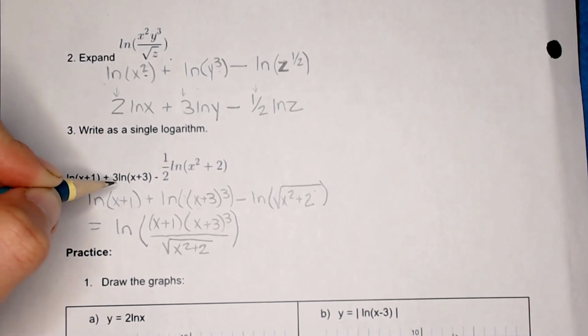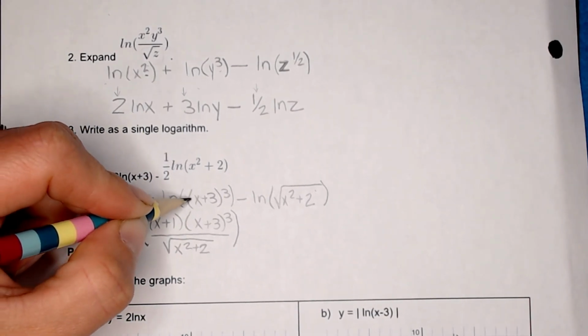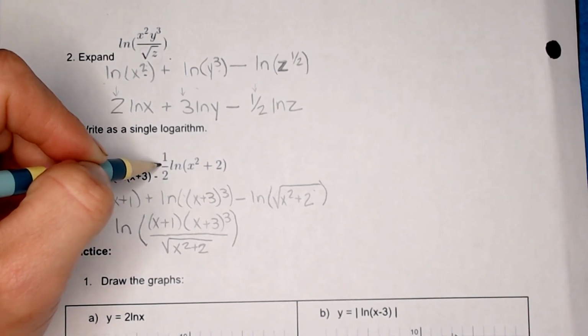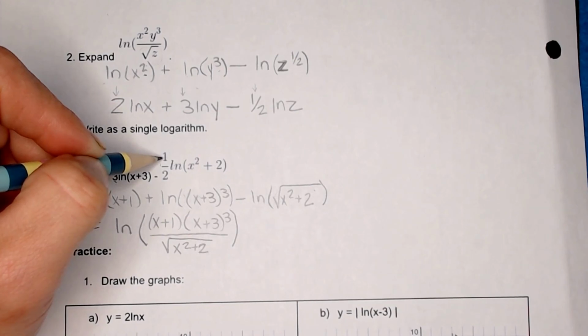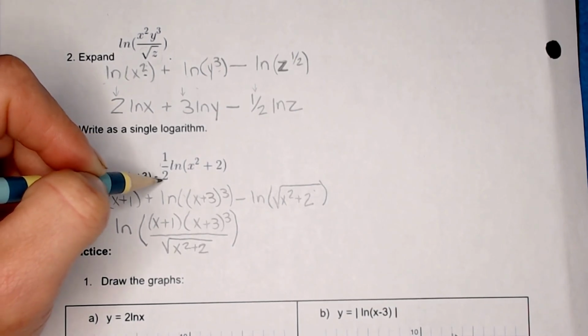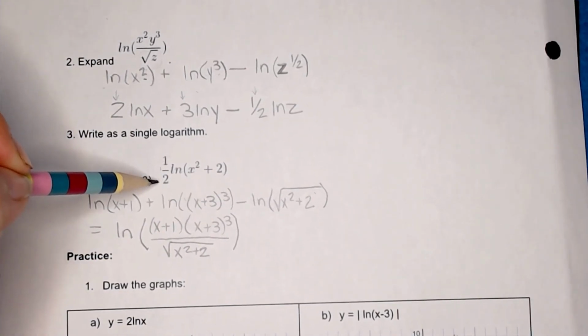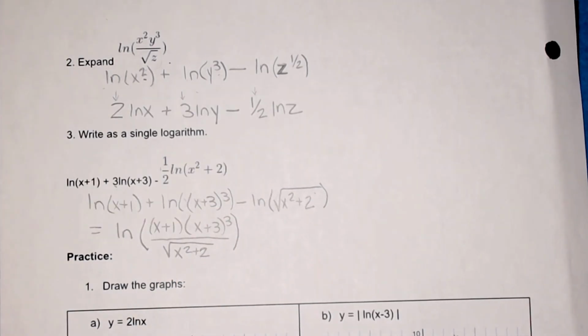So we can take this coefficient 3 and make it our exponent. We'll have natural log of x plus 3 cubed, and then minus, remember this 1/2 is our exponent. It means to take the square root. It's x squared plus 2 to the power of 1/2. So we're subtracting here, so minus the natural log of the root of x squared plus 2.